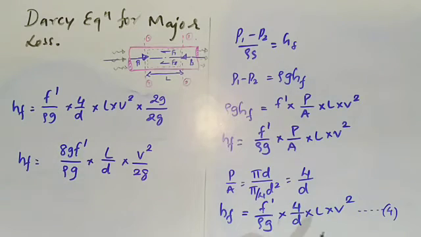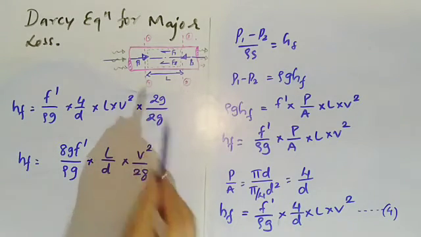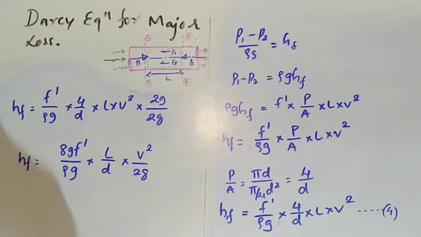This equation is obtained by dividing and multiplying equation 4 by 2g.